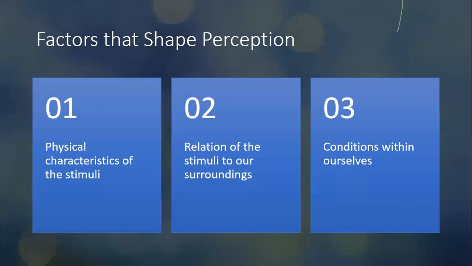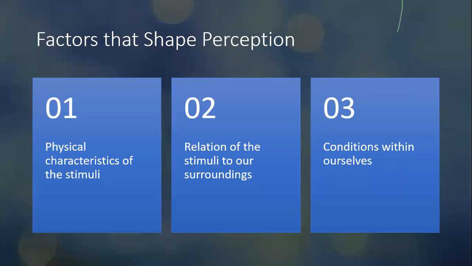The second one that can shape perception is the relation of the stimuli to our surroundings. So is it close? Is it far? Is it hot or cold? Those are the things that you have to look at. How does that stimulus relate to the surroundings?